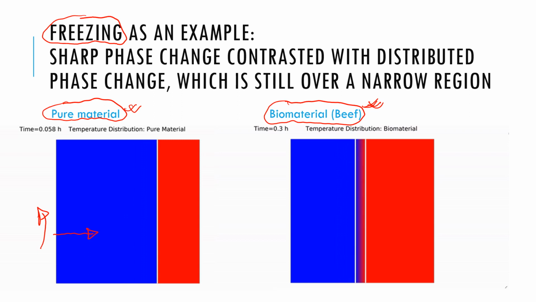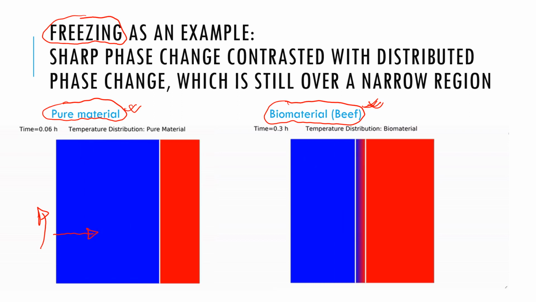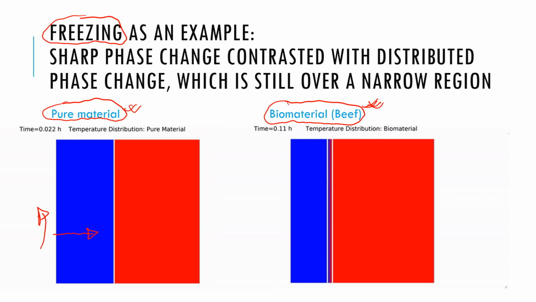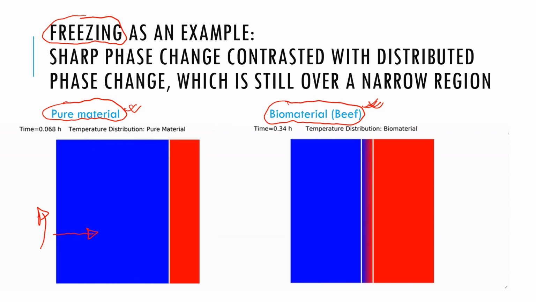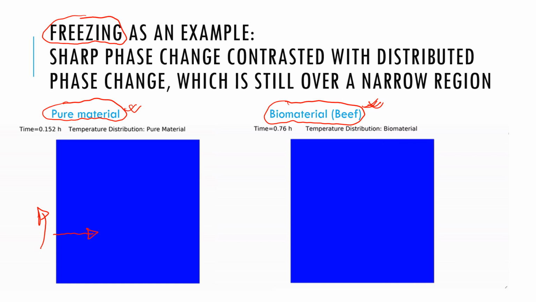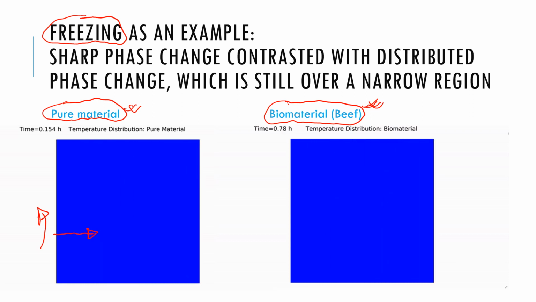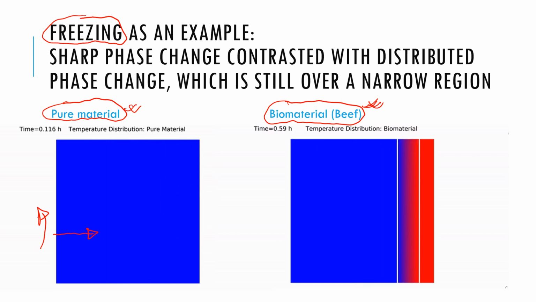That's the right figure. So you can see the two pictures are qualitatively similar. Of course, they're both calculating for freezing, but we have this detailed aspect of the interface increasing with time.